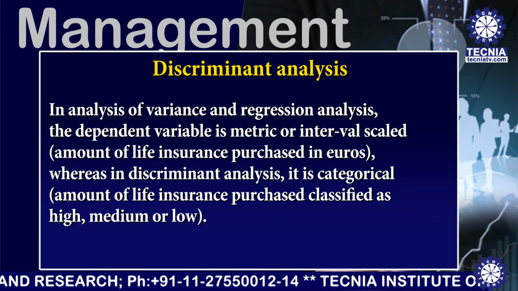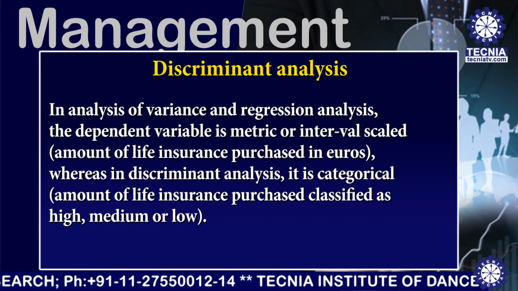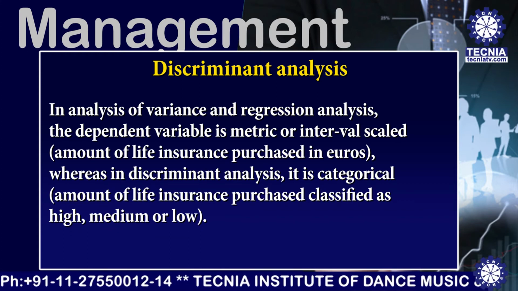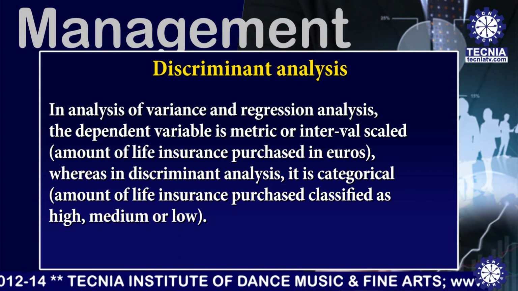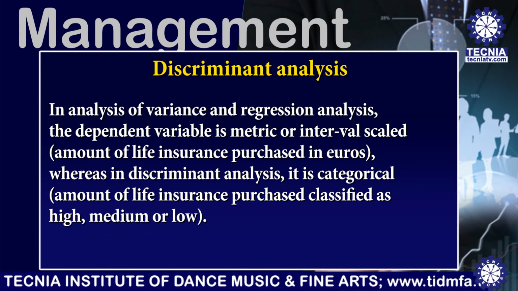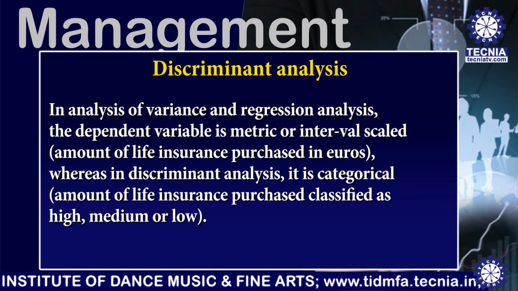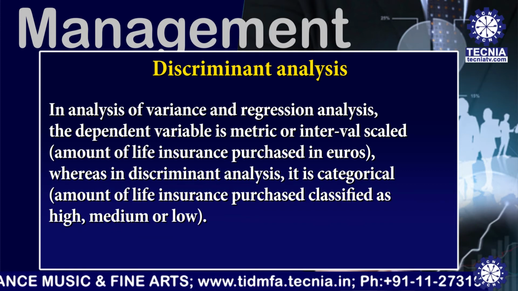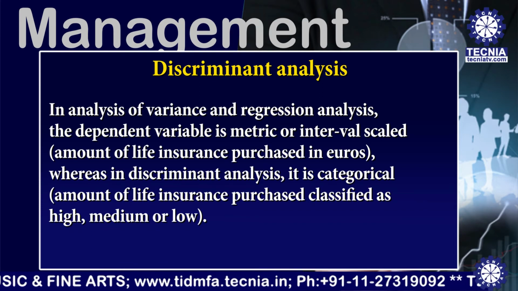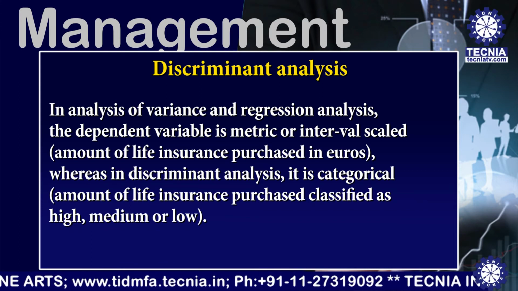The nature of these variables differs, however. In analysis of variance and regression analysis, the dependent variable is metric or interval scale, here mentioned as amount of life insurance purchased in rupees, whereas in discriminant analysis it is categorical, that means amount of life insurance purchased classified as high, medium or low.